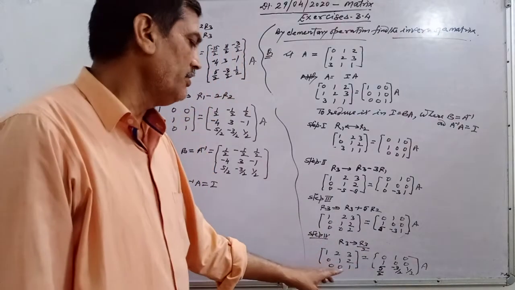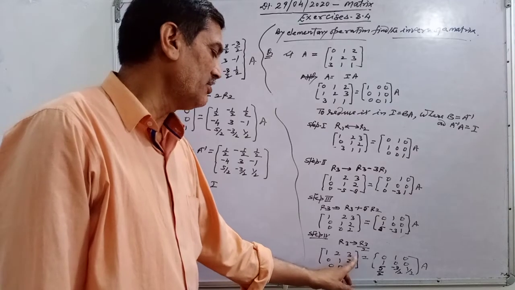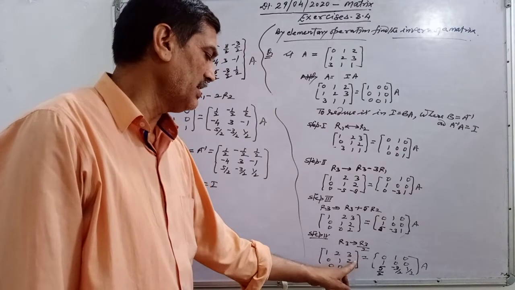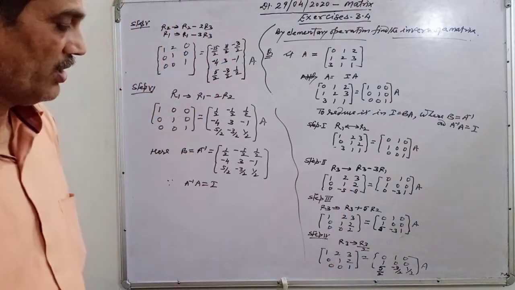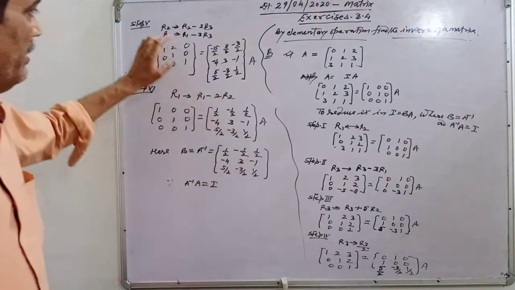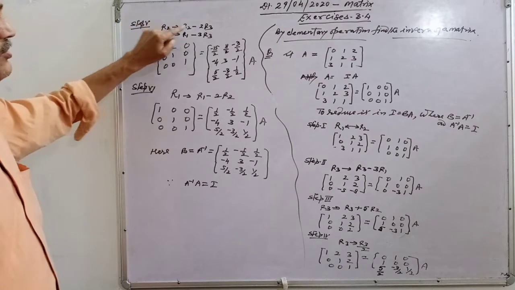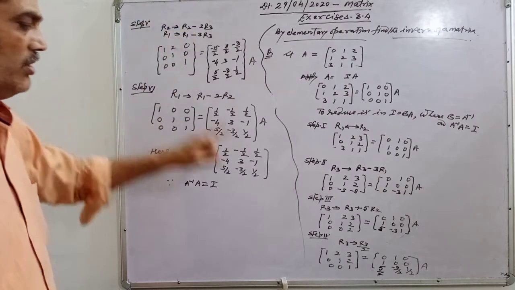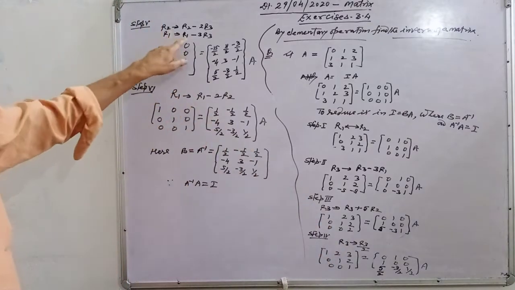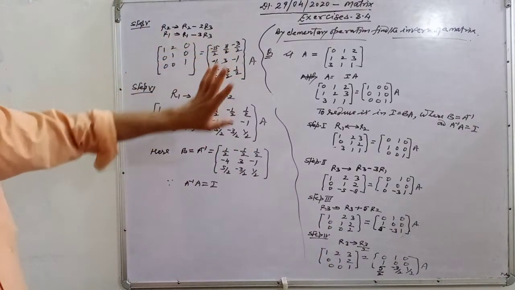Now you will make this and this 0, means this element and this element should be 0. So for this, applying R2 tends to R2 minus 2R3, and R1 tends to R1 minus 3R3.